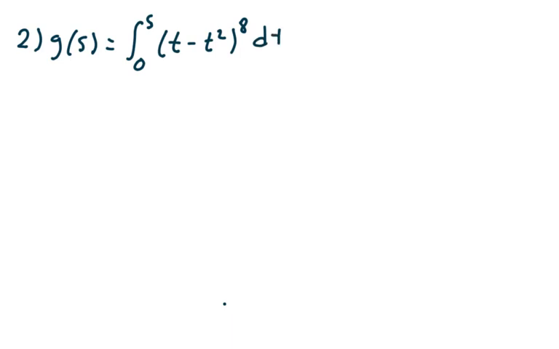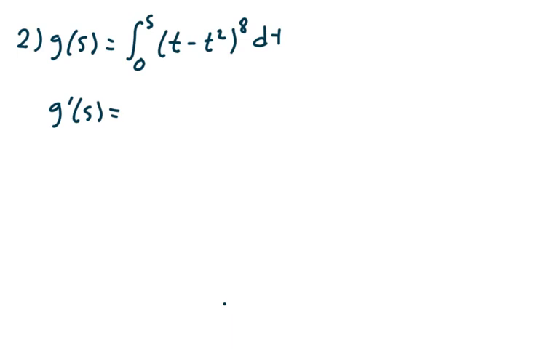Let's take a look at example 2. Suppose g of s is equal to the integral from 0 up to s of t minus t squared raised to the 8th power dt, and I want g prime of s.